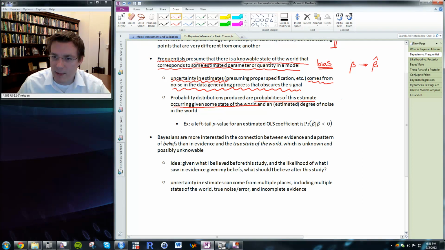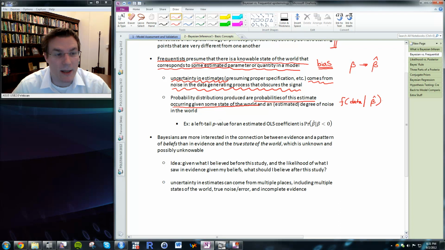You are picking parameters so that the probability of the data given your chosen parameters is maximized. That's what a likelihood function is. It's a joint probability that this data set occurred given the parameters you've chosen. Maximum likelihood estimates maximize that quantity. So ML maximizes this.